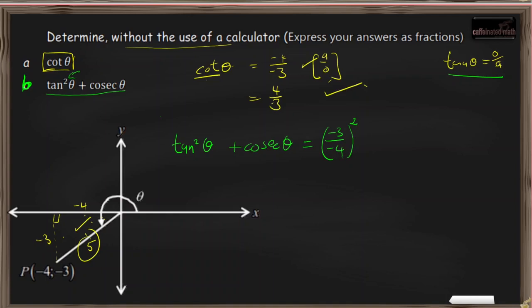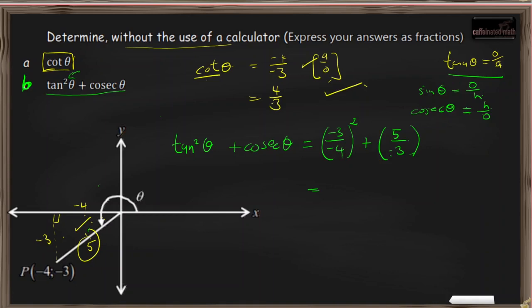Now, we know that sine of theta is equal to opposite over hypotenuse. However, cosec theta is its reciprocal, which means it's going to be the hypotenuse over the opposite side. So let's mark it as such. What is the hypotenuse in this case? It is 5, and that is just over negative 3. Let's resolve this.